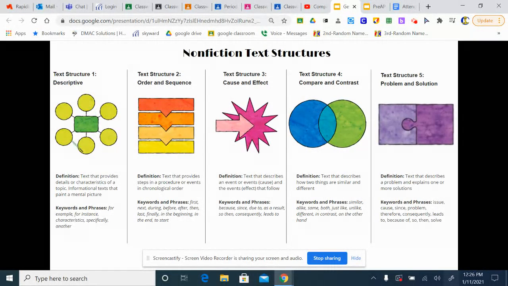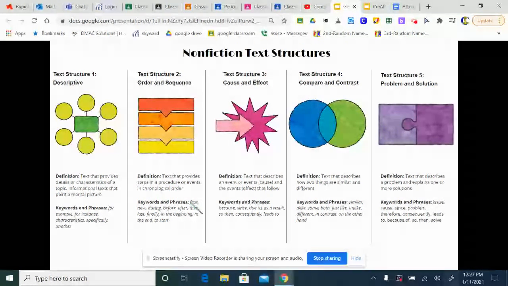Outside bubbles are the details to that subject. Text structure number 2 is order and sequence or chronological order. Here you have the subject starting from the top, going down in a flowing motion, one after the other in order. The text provides steps in a procedure or events in chronological order.